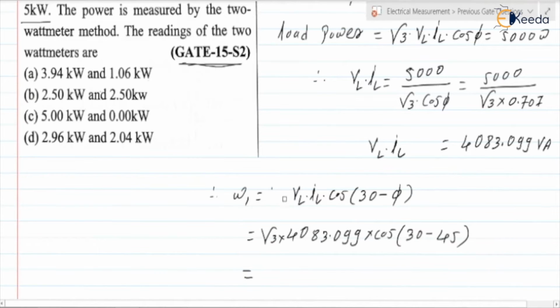Sorry, it is not root 3, actually it is VL IL into cos of 30 minus phi, and VL IL into cos of 30 plus phi for W2. So W1 is 4083.099 into cos of 30 minus 45. If you check, it is equal to 3.94 kilowatt.